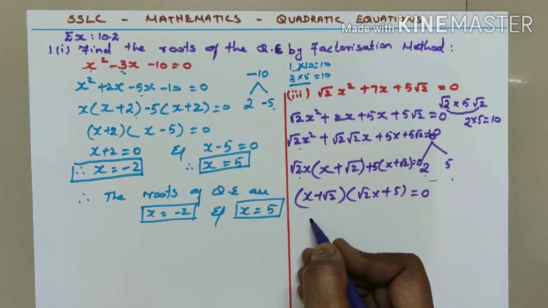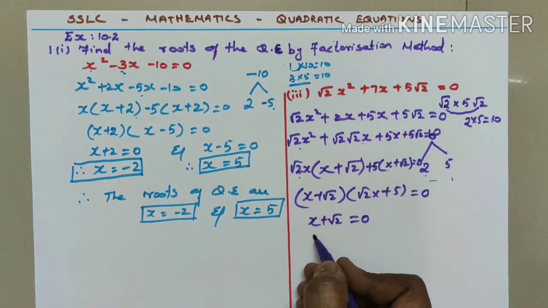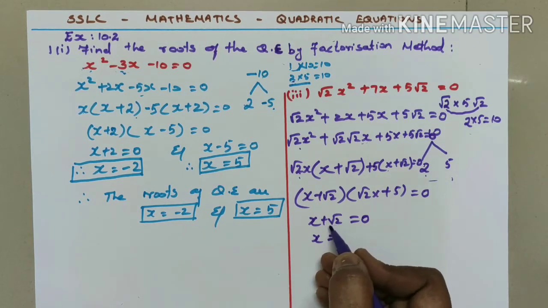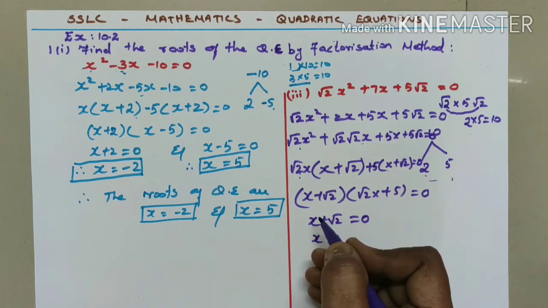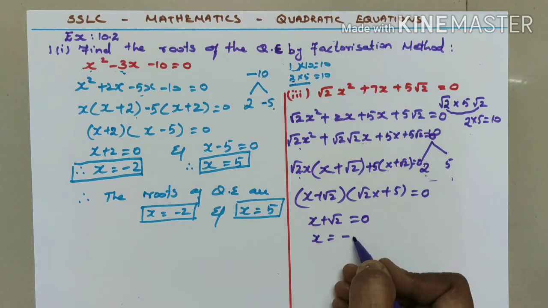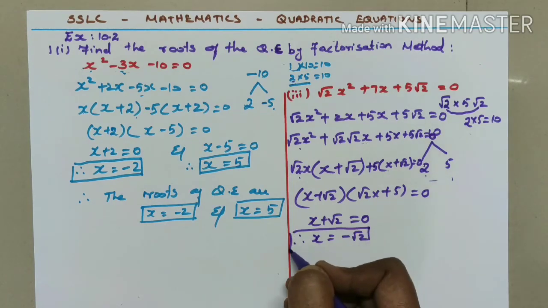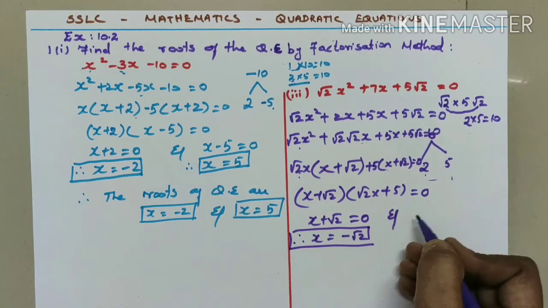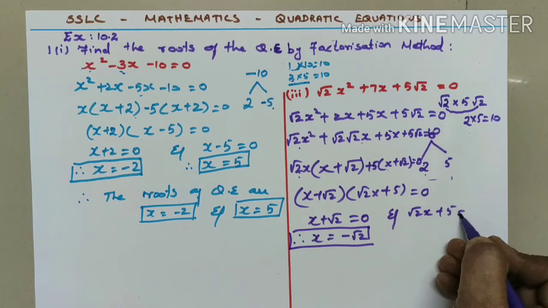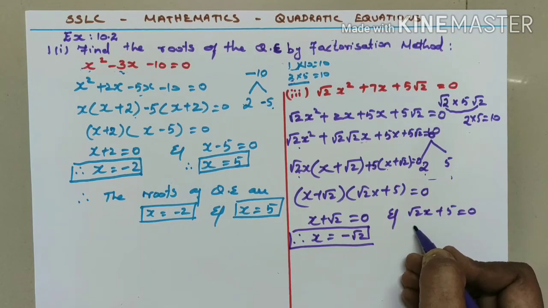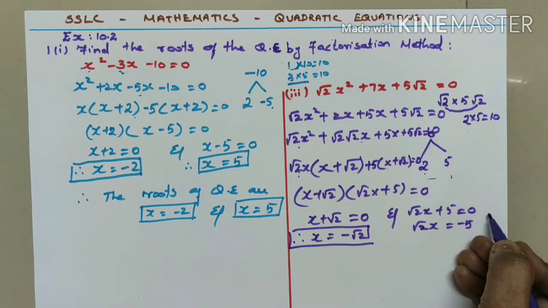Now take the first one, x plus root 2 is equal to 0. X is equal to negative root 2, because a positive number will become a negative number when it goes from the left hand side to the right hand side. This is one of the roots. And root 2x plus 5 is equal to 0. Root 2x is equal to negative 5. Bring that 5.